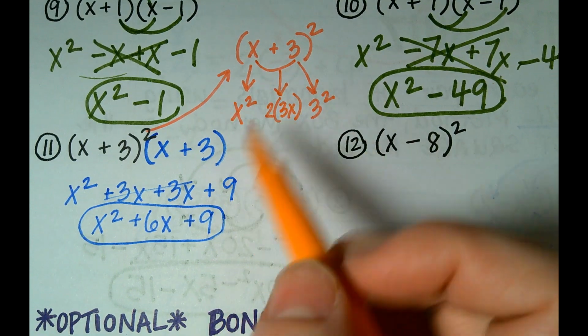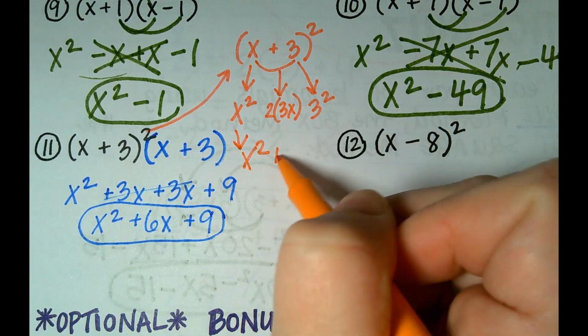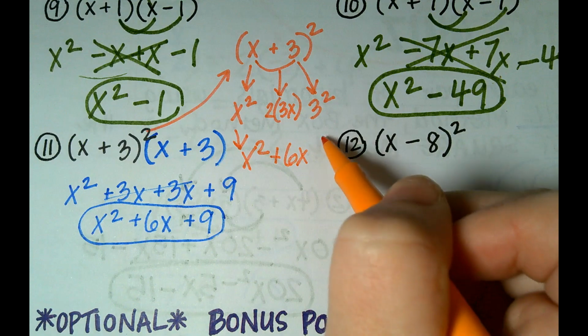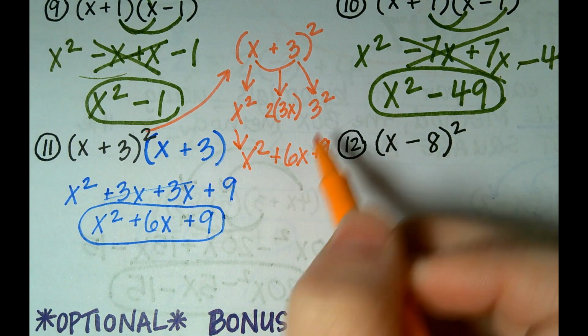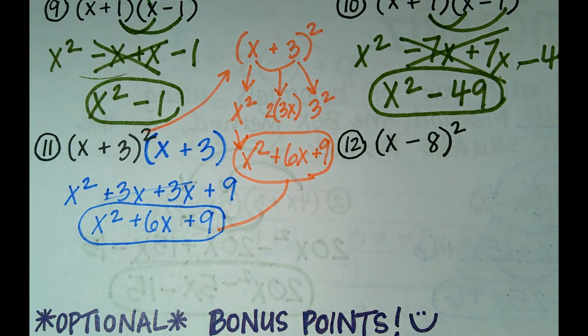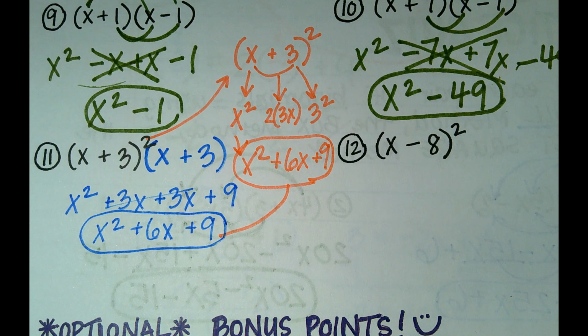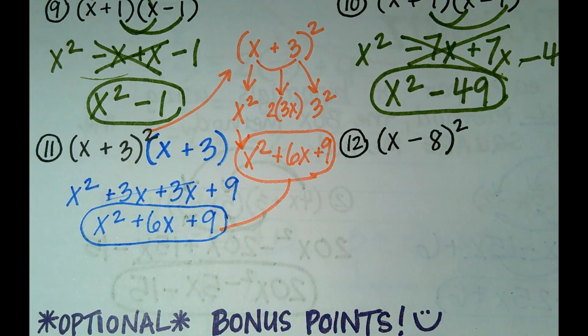And then we bring it all down. So now we have x squared, 2 times 3x is plus 6x, and 3 squared is 9. So that is one more way to do it. They both work. You don't have to use this method. If you like FOIL and you want to just keep doing FOIL, then do it. They all work.